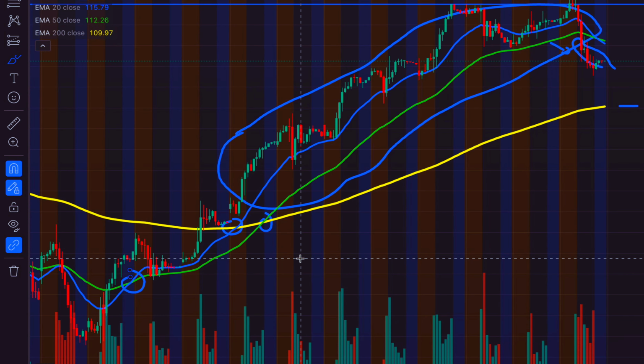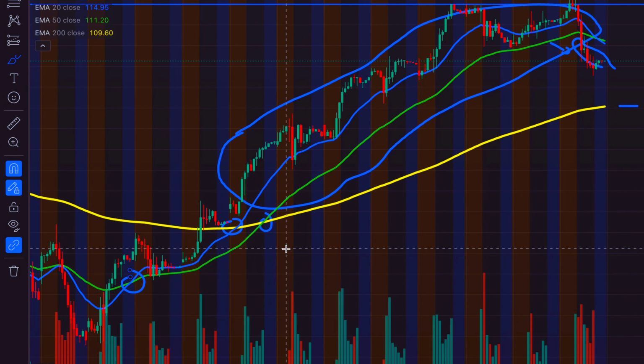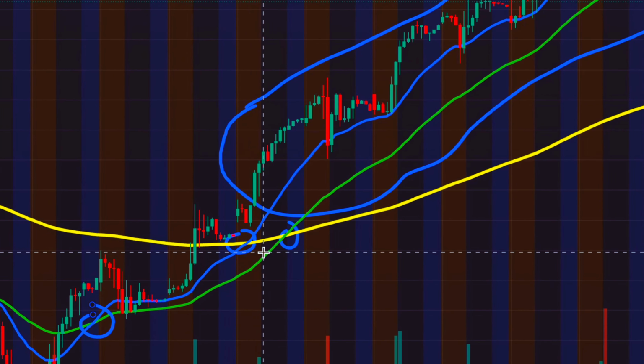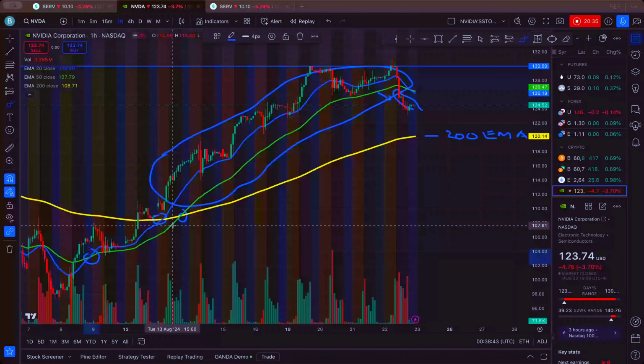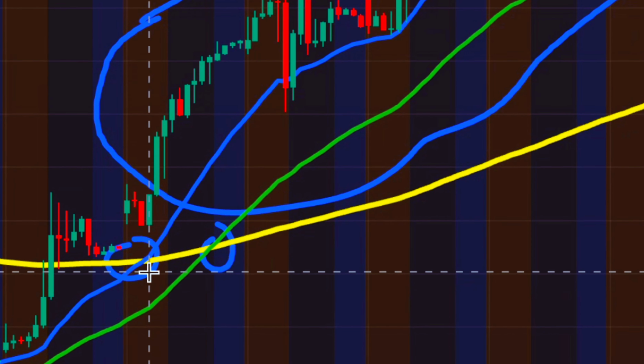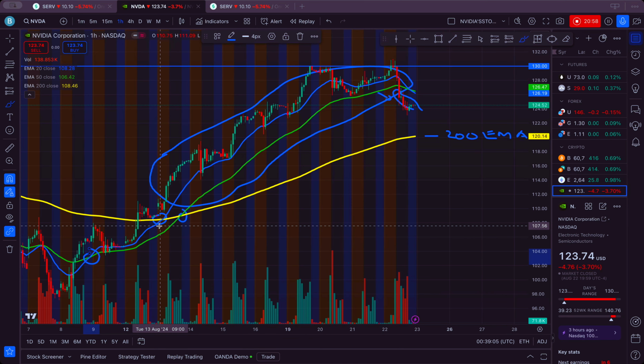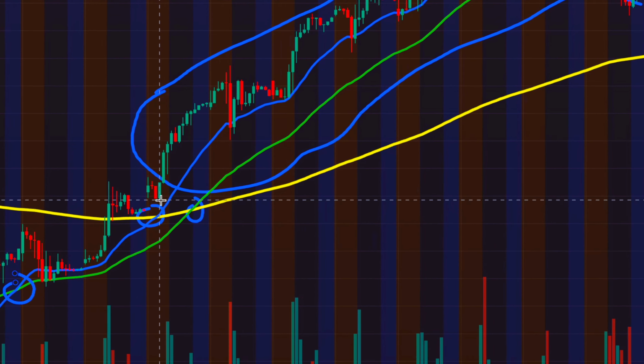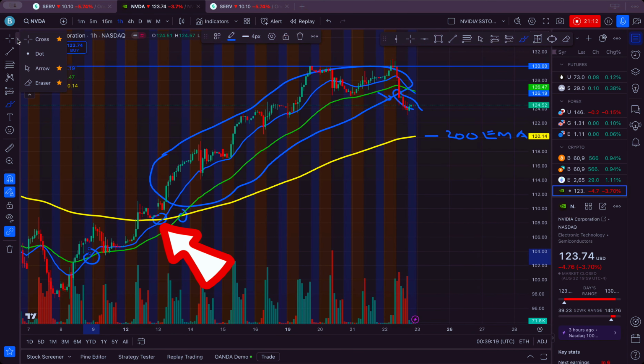Crossovers involving the 200 EMA, one of the most important indicators, are especially significant, as we can see in this area over here. This often indicates a major shift in the market sentiment. And that's what happened here. Let's remove this line here.